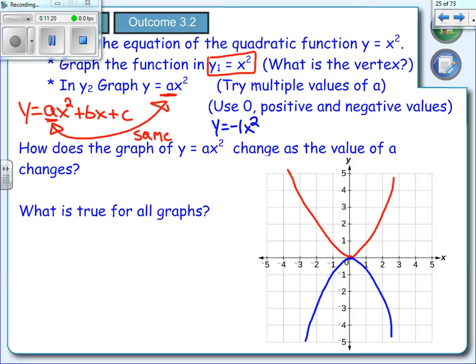If you have a decimal that's in between 0 and 1 or 0 and -1, it makes your graph wider. So if you were to graph y equals 0.5 x squared, so A is 0.5, you should notice you get a graph that is wider. It's almost smushed down, so it's a little bit wider than our original graph.